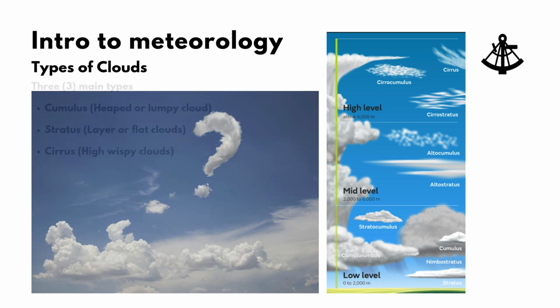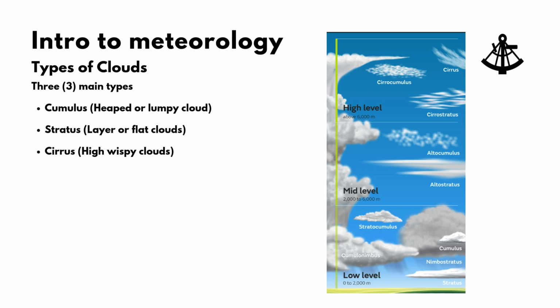Let's have a look. The 3 main types of clouds are cumulus clouds, which are heaped, lumpy, fluffy clouds. Then we have stratus, which is layer or flat clouds. Then we have cirrus, which are high whispery clouds high up in the sky, which are mainly ice particles.